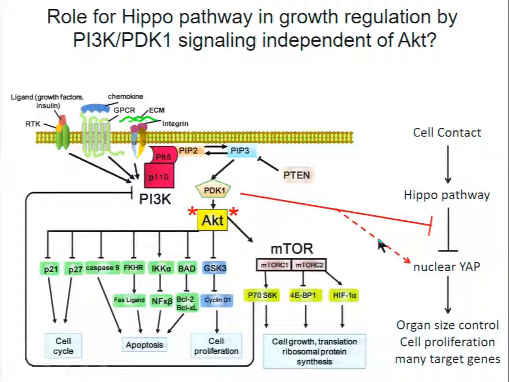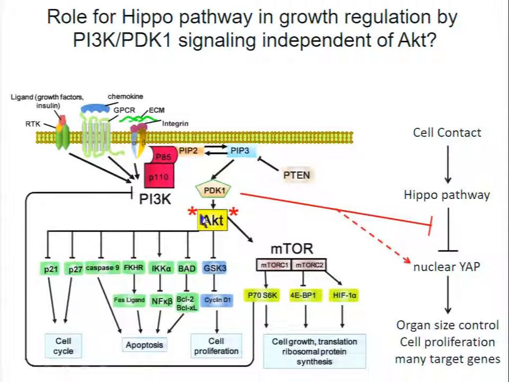This is a modified version of a slide I just downloaded from searching Google for PI3 kinase pathway. And this is what you typically see, that the PI3 kinase pathway has many upstream activators, but works through PDK, through AKT and TOR mostly, and other AKT targets.